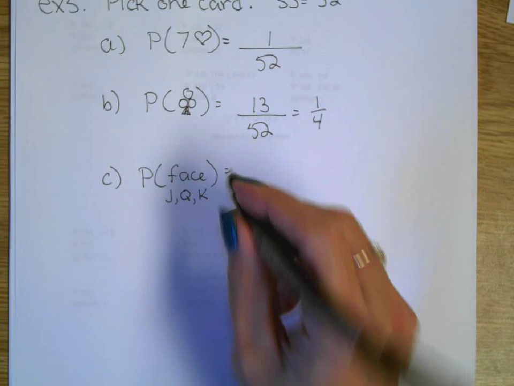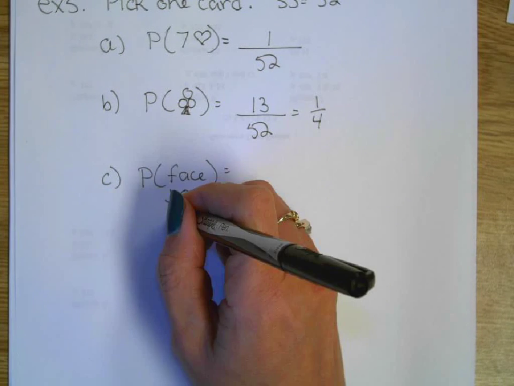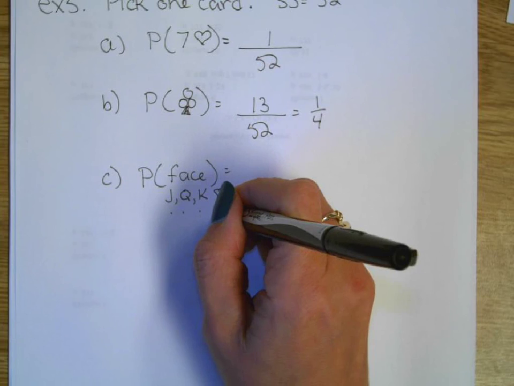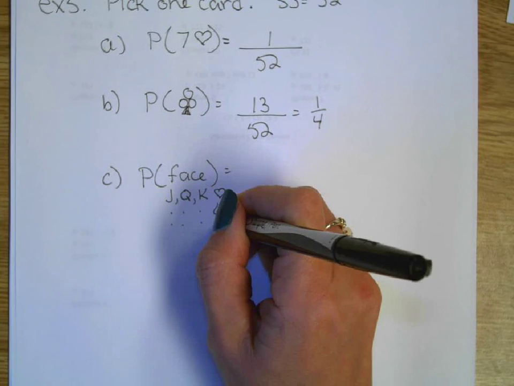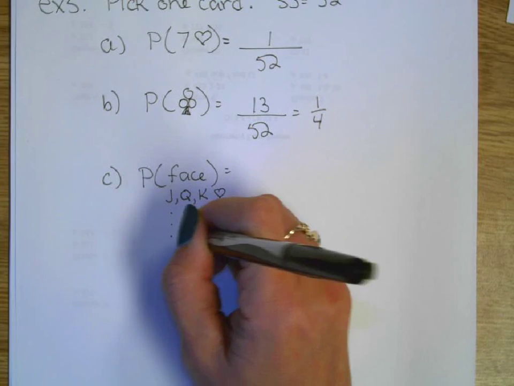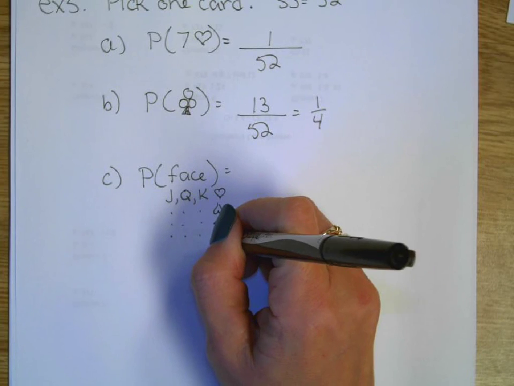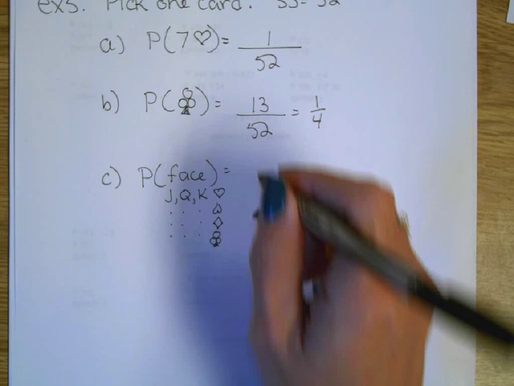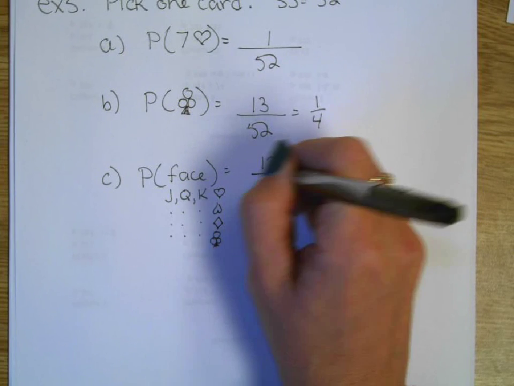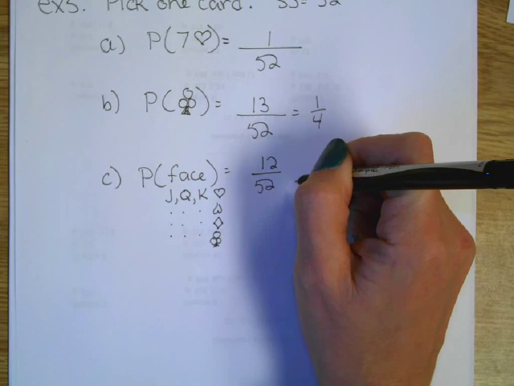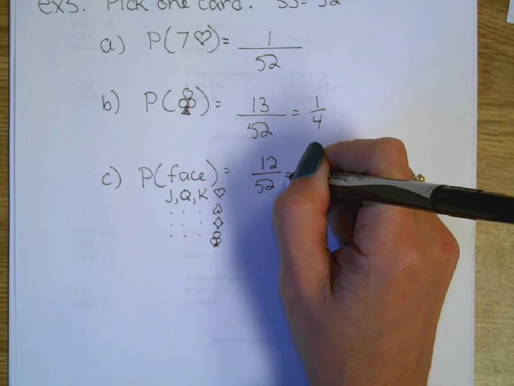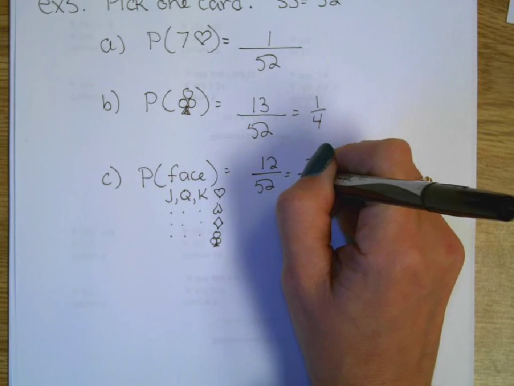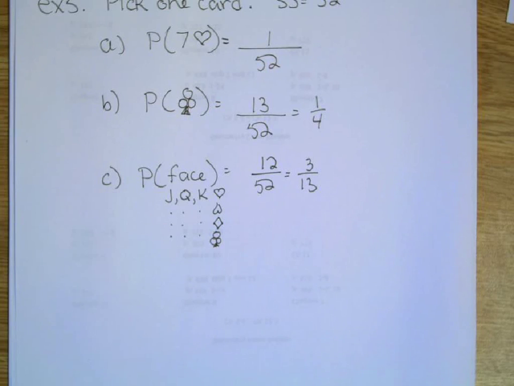So there's jack, queen, king of hearts, jack, queen, king of spades, jack, queen, king of diamonds, and jack, queen, king of clubs. So altogether there are 3 times 4, 12 cards out of the 52, which reduces down to 3/13.